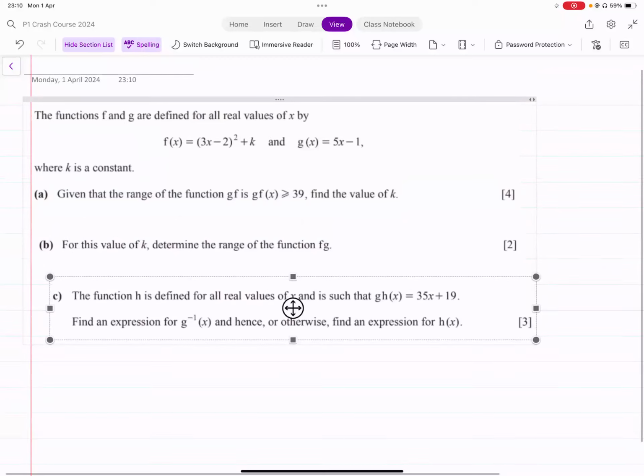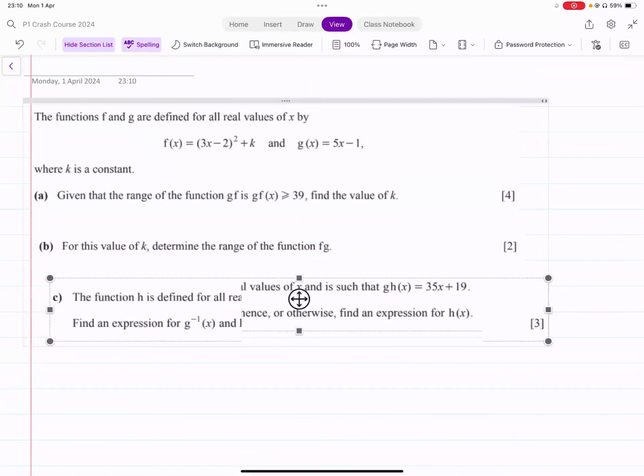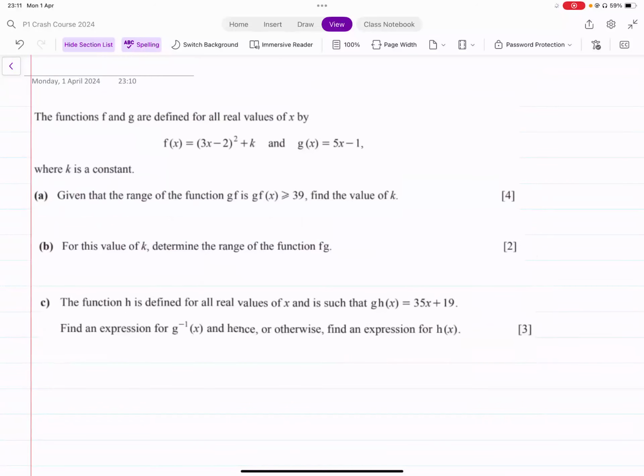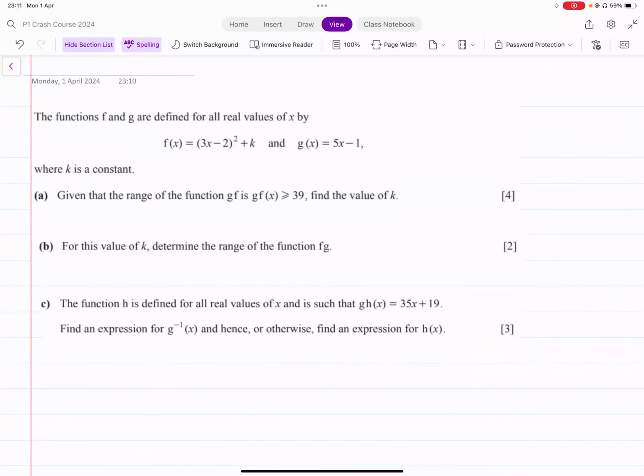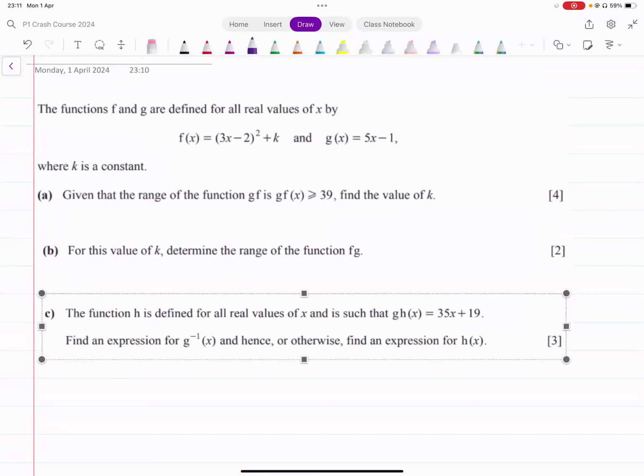Let's try this. It says the functions f and g are defined for all values of x by f of x equals (3x minus 2) whole squared plus k, and g of x equals 5x minus 1.